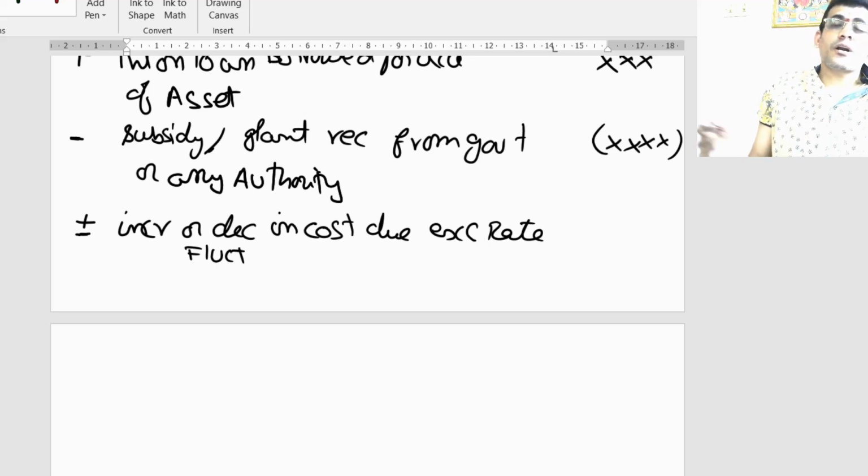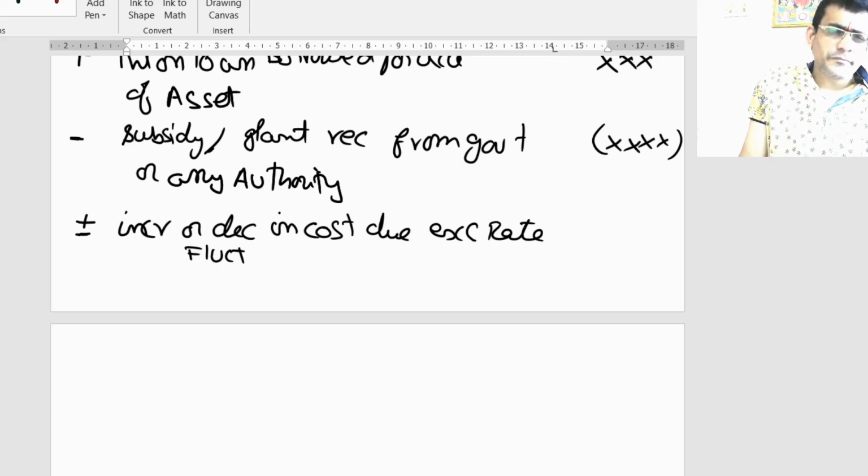Your dollar rate or foreign currency keeps on changing. 1 USD is equal to 75 rupees. Tomorrow 1 USD may be less than 75 or more than 75. So depending upon that, I need to add, increase or decrease for foreign currency fluctuations.